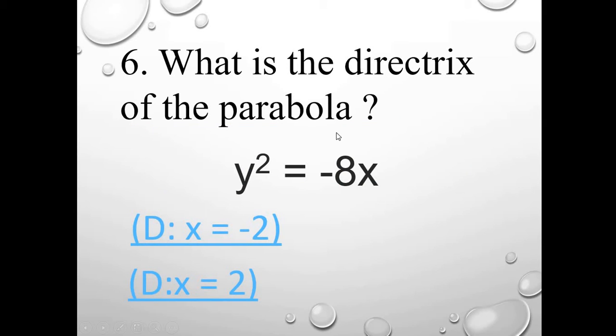Next, number 6. What is the directrix of the parabola y squared equals negative 8x? Is it x equals negative 2 or x equals 2? How about Jim Russell? Okay, to the left ito, di ba?